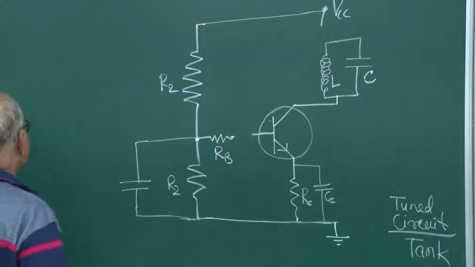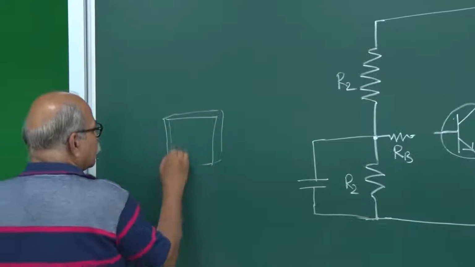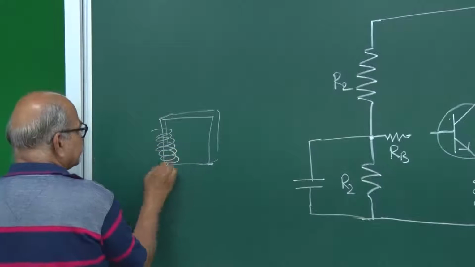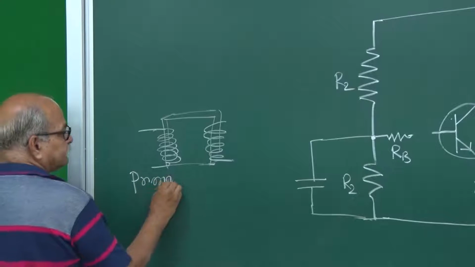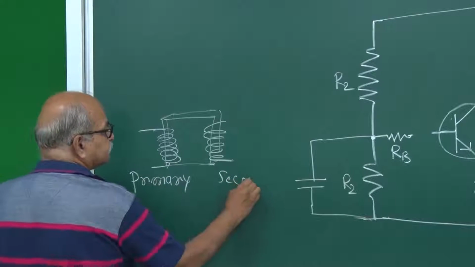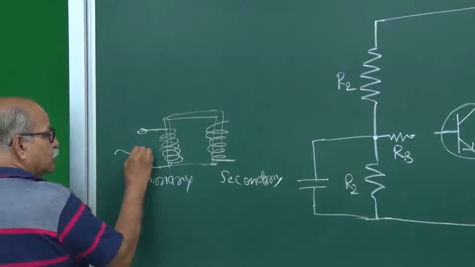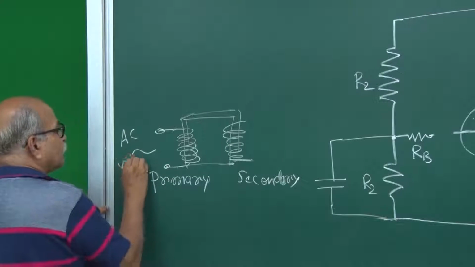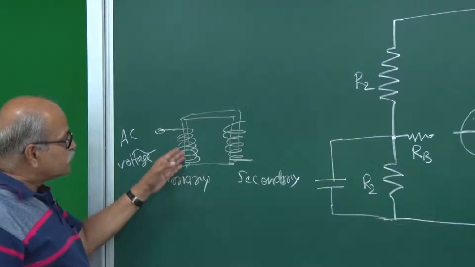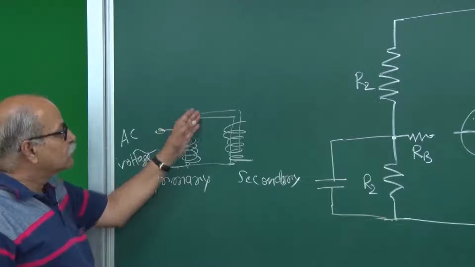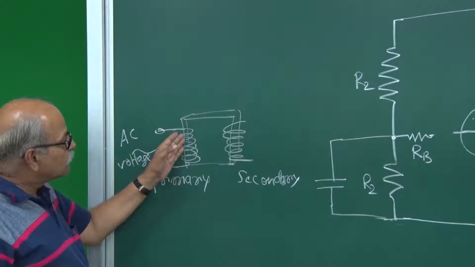So remember transformer, you have a core, and on that core the windings are there, two windings are there, one is called primary and one is called secondary. Then on primary side you supply some voltage, AC voltage, and this AC voltage drives current, and that current produces magnetic field, and since it is through that same core, whatever soft iron or core, that magnetic field also reaches here.